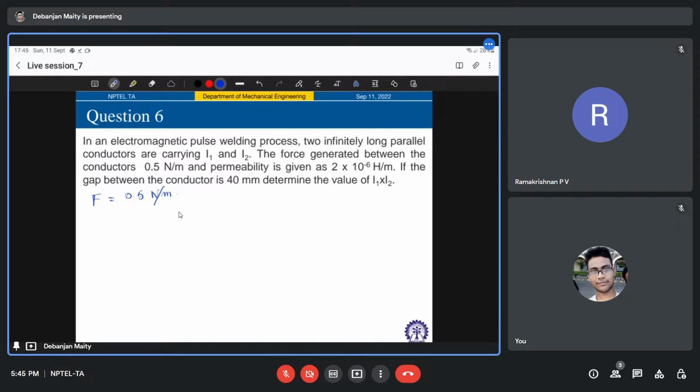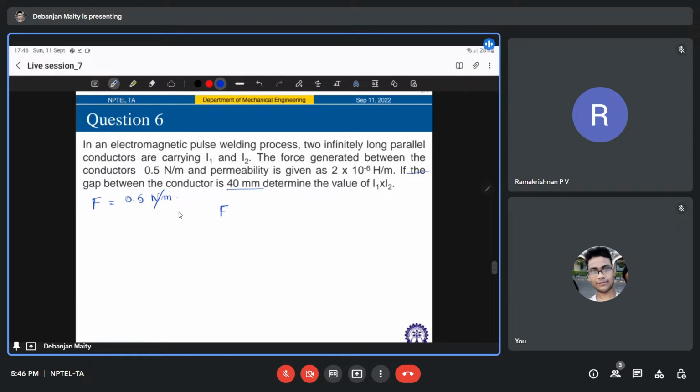And then what is given? The gap, 40 mm. So can you tell me what is the equation of this force for electromagnetic pulse welding? Do you remember?